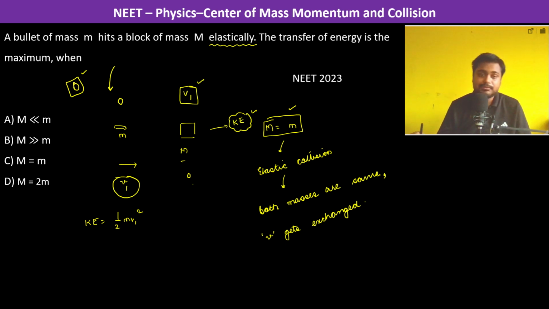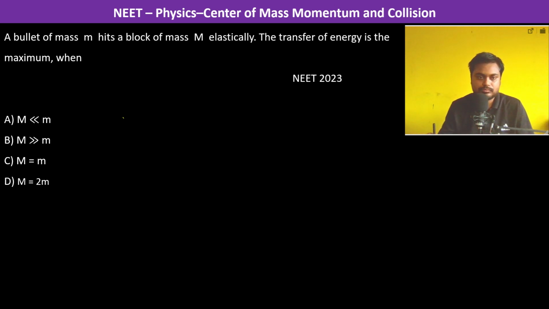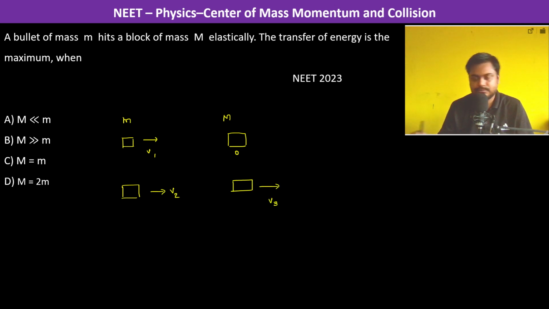Okay, and we can prove this also. Let us prove this. So this is small m, there is capital M, and this is going with a velocity v1. This is at rest, 0. Now this is v2, and this is v3.